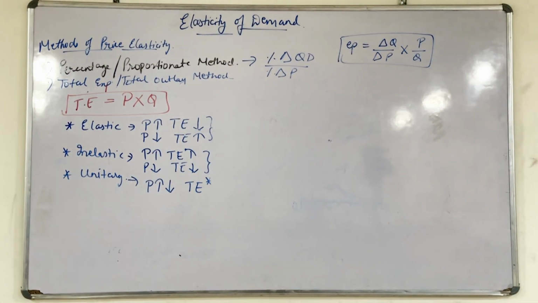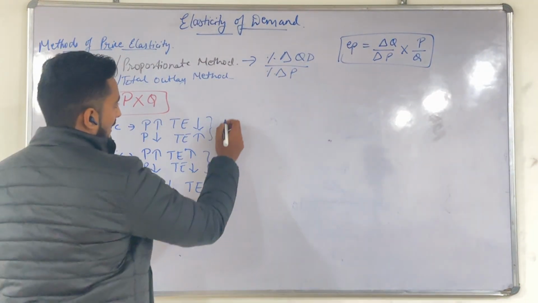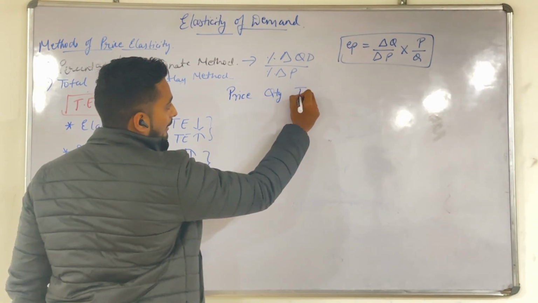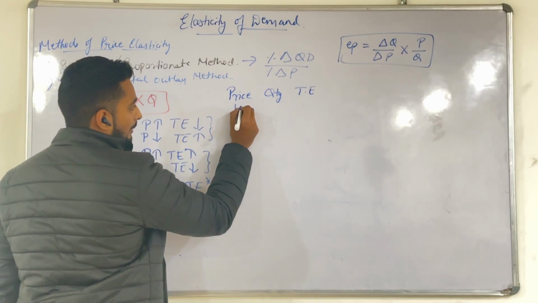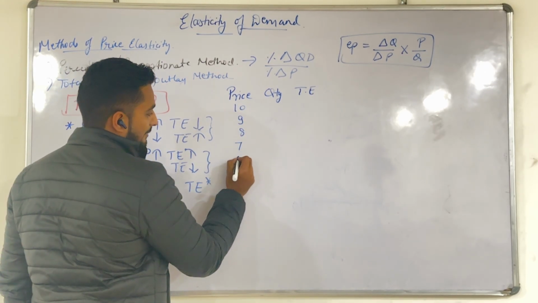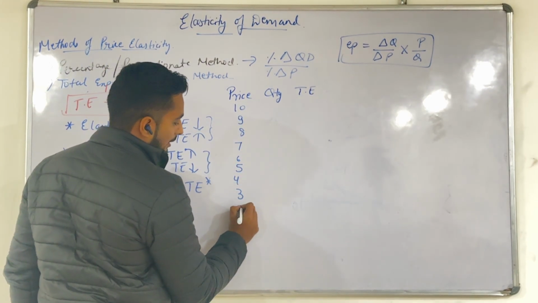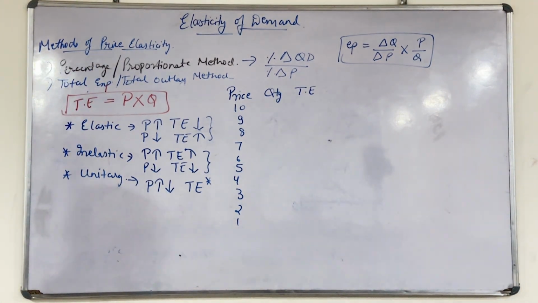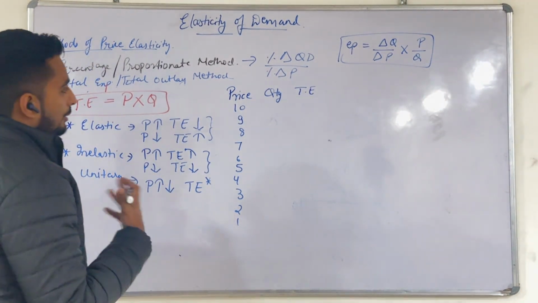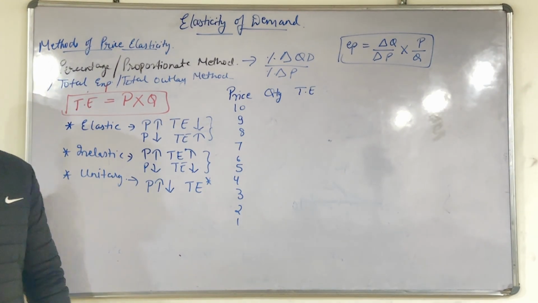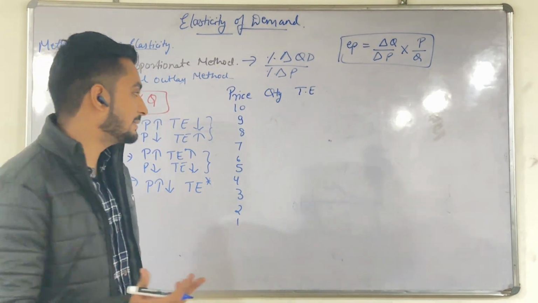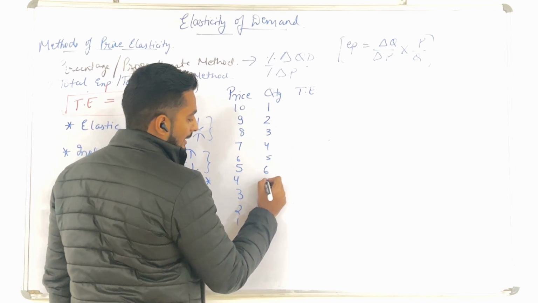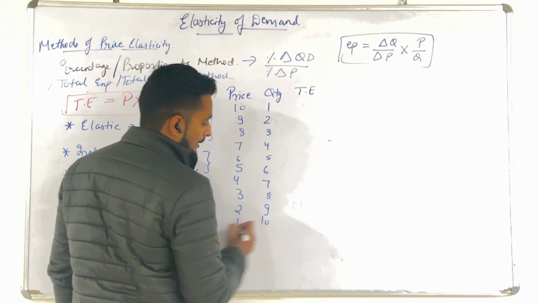After this, we have to see its diagram and table. Suppose price, quantity, and total expenditure. Price is 10, 9, 8, 7, 6, 5, 4, 3, 2, 1. Price continuously decreases from 10 to 1, and quantity demanded will increase because we are following the law of demand. Price falls, demand increases: 1, 2, 3, 4, 5, 6, 7, 8, 9, 10.